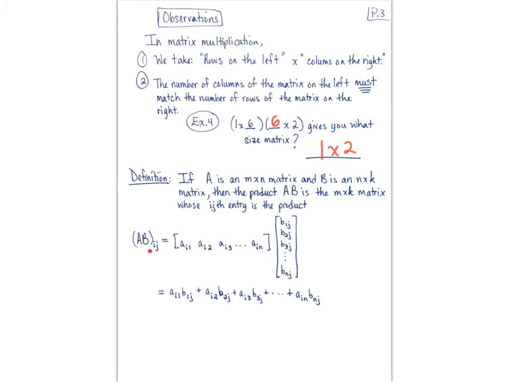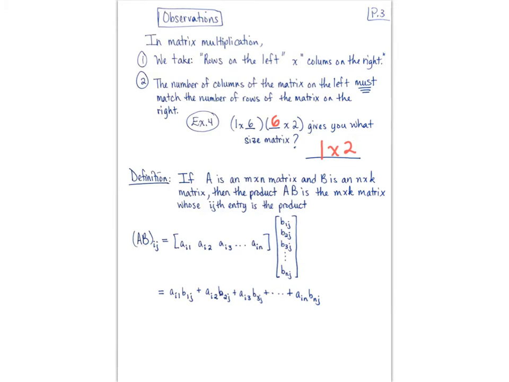We're finding the ijth entry of the product AB.